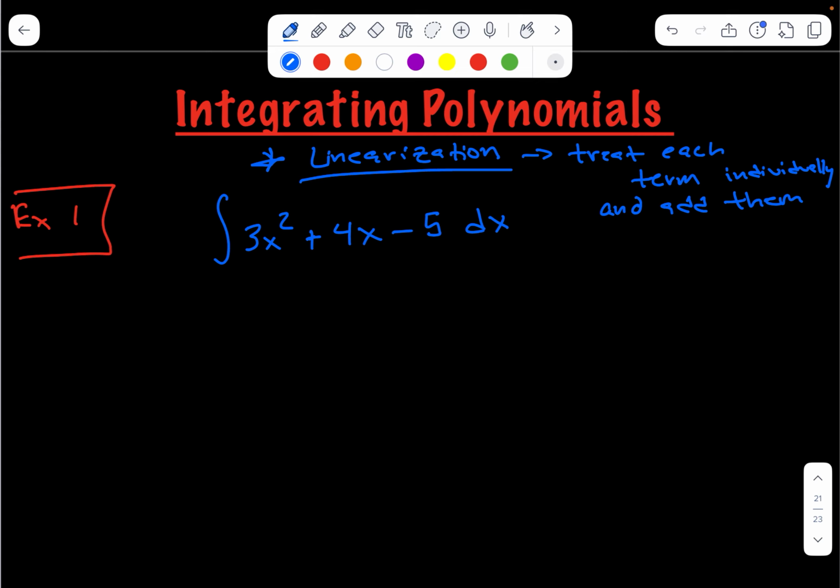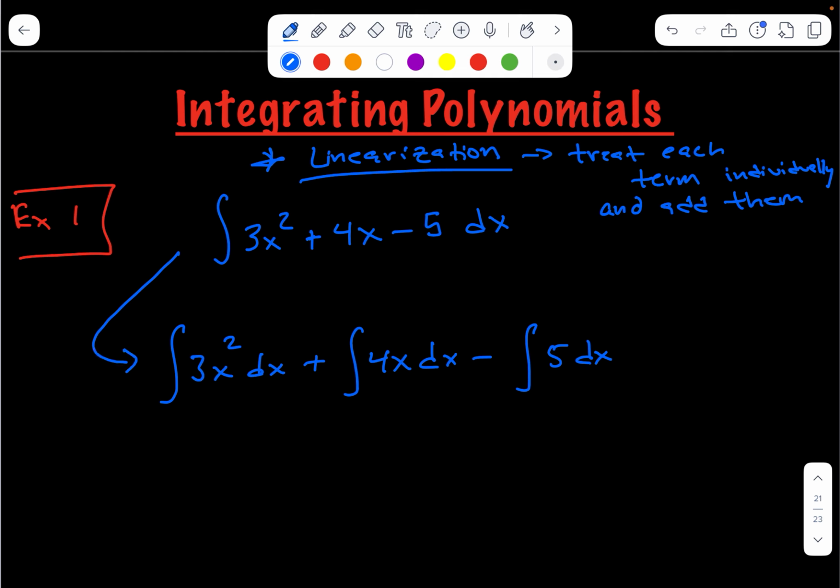So what that means in practice, if we have an example of the integral of 3x squared plus 4x minus 5 dx, I can take this and split this up into 3 separate smaller polynomials. So integral of 3x squared dx plus integral of 4x dx minus integral of 5 dx.